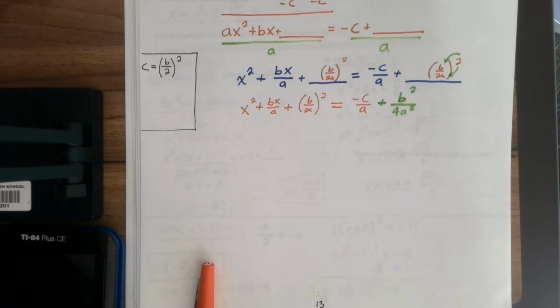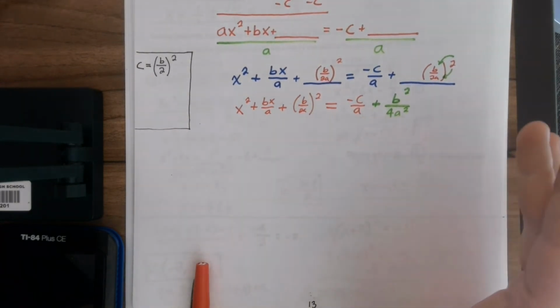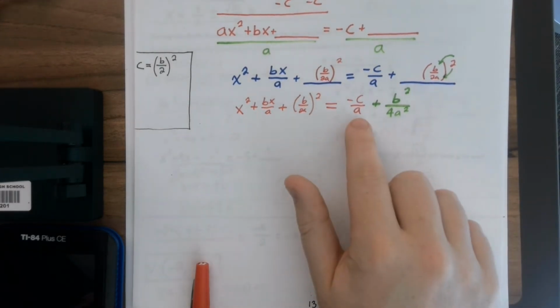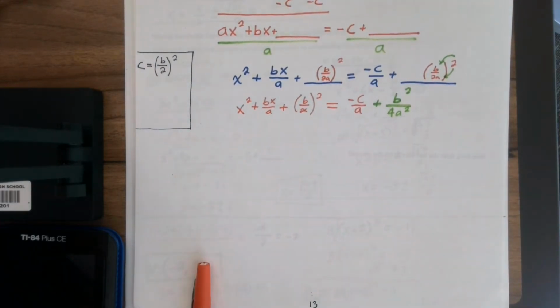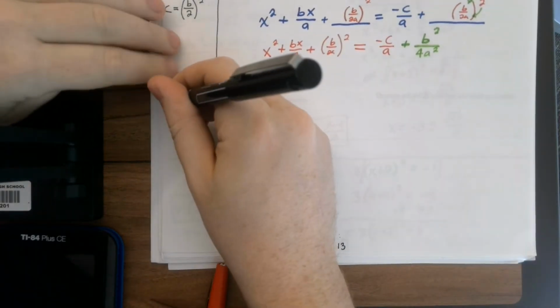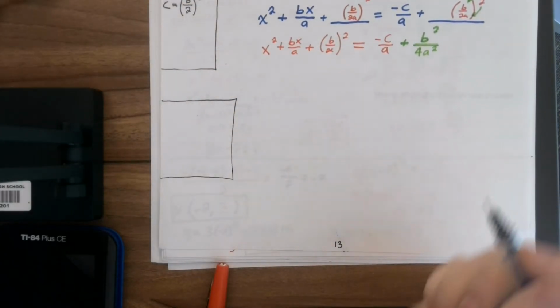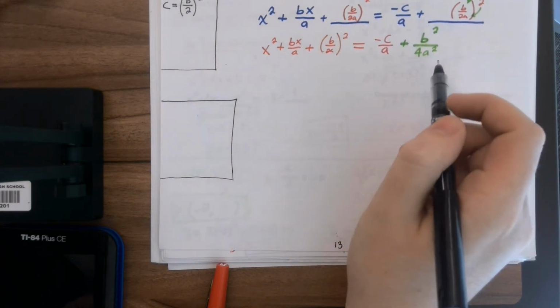Now, wouldn't it be nice if we could somehow simplify this right side a little bit, right? It'd be kind of nice. The problem is, in order to combine fractions, you have to have the same denominator. So I'm going to put another box on the side here, just so we can do this math over here. The question is, what can we do to negative c over a to make it have the same denominator here?